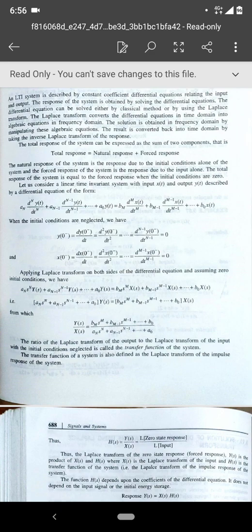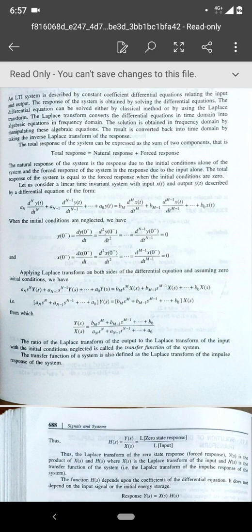Okay, so we have got two outputs or two responses. One is due to the initial conditions alone, and the other is due to the actual input alone. Then you add them and you get the total response, and that is what is written at the top. That is, total response is called natural response plus forced response. Natural response is due to the initial conditions, and forced response is due to the actual input. So that is another way of finding the solution to differential equations.